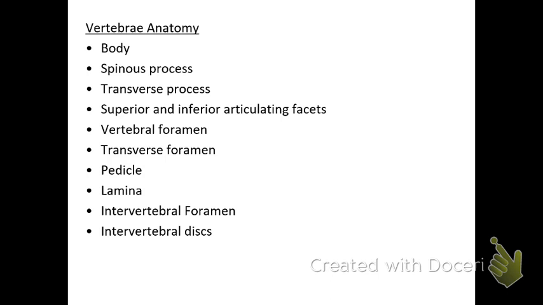But you should be able to point to the body, to the spinous process, to the transverse process, to both the superior and inferior articulating processes, which also have on them the facets, the vertebral foramen, the transverse foramen. Now keep in mind, those transverse foramen are only found on the cervical vertebra.